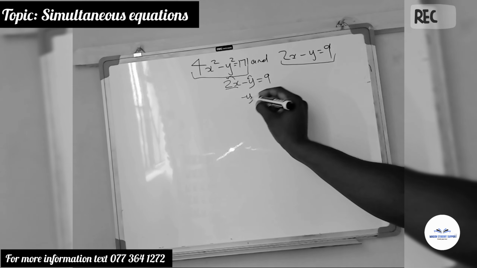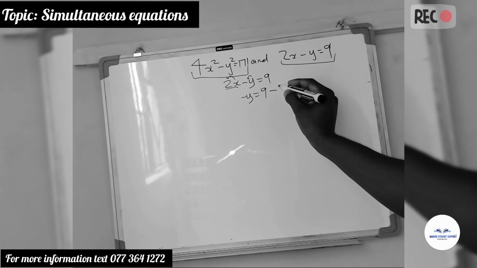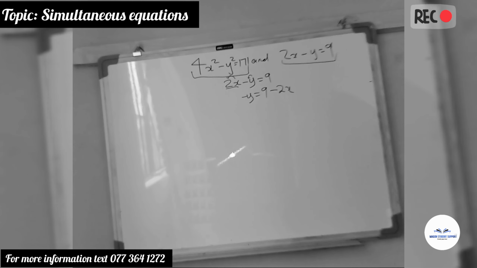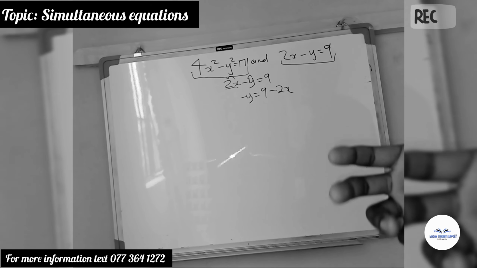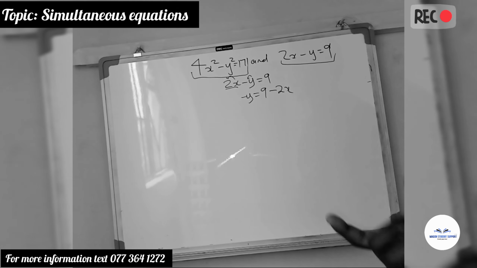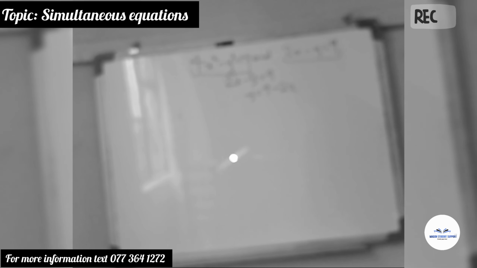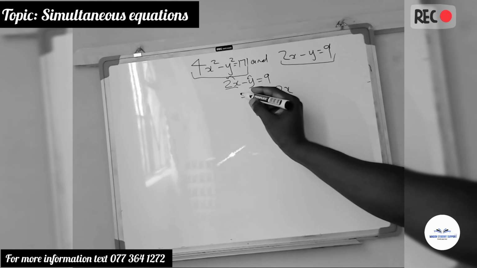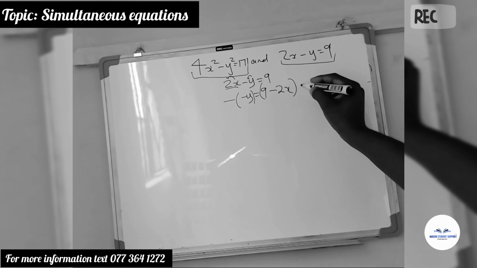We are moving it to the left hand side. 2x will be negative 2x. So we have negative y is equal to negative 2x, wait, negative y equals negative 9 plus... Once it's like this, with a negative variable on the other side, you must do what? Rationalize. For you to rationalize, you multiply both sides by negative.